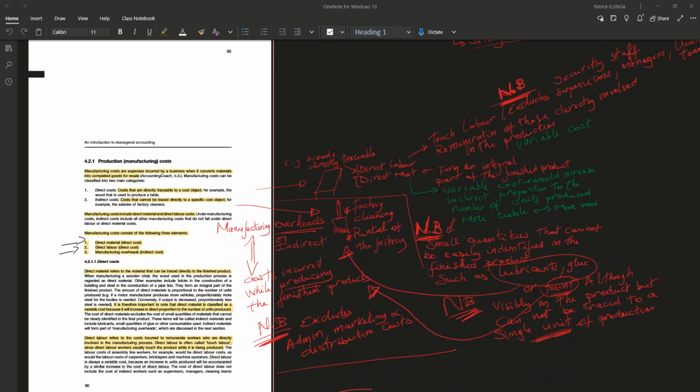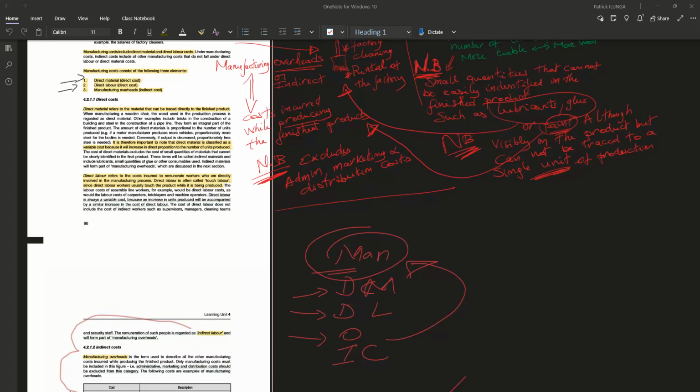So thus you can understand very well because it does touch on your economics module. So we bring the inputs that would be our direct materials, our direct labor, the people who are going to transform this material into finished products.